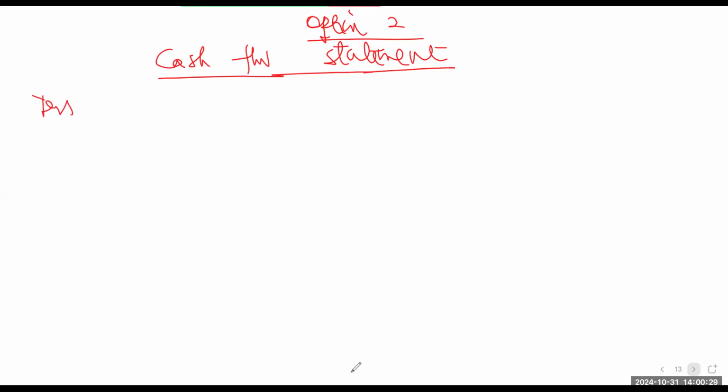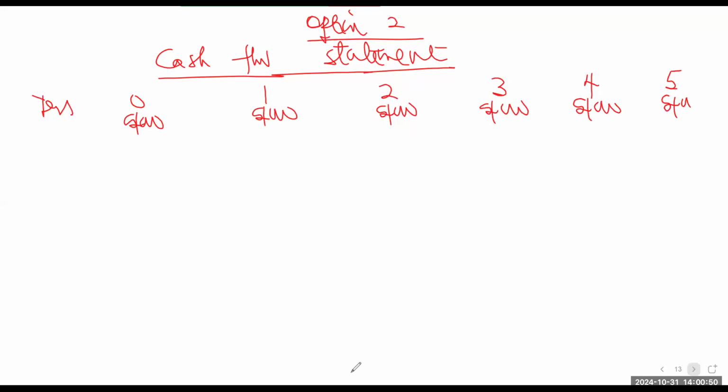So we have the years 0, 1, 2, 3, 4, 5, and our currency in thousands. Then we have our contribution.